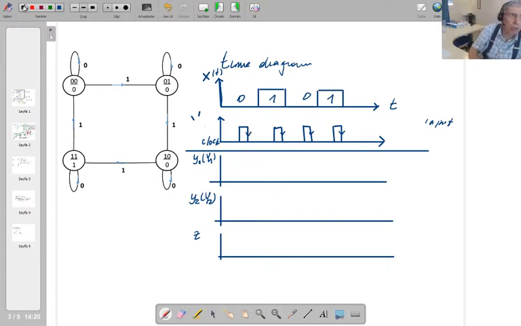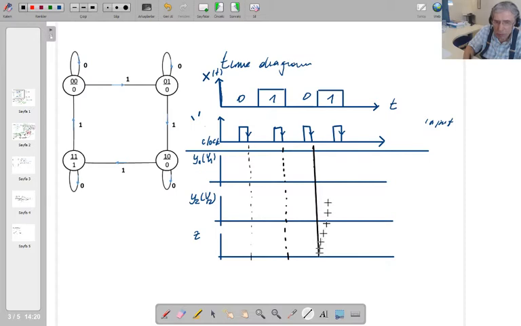So let me make it this. So my sequential circuit is going to work on this edge, and this edge.